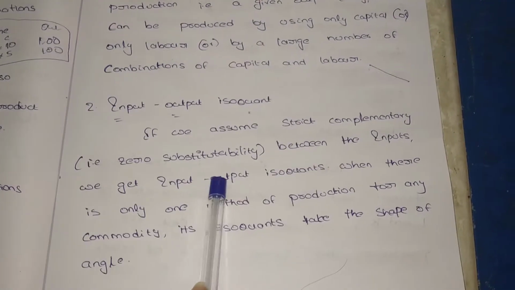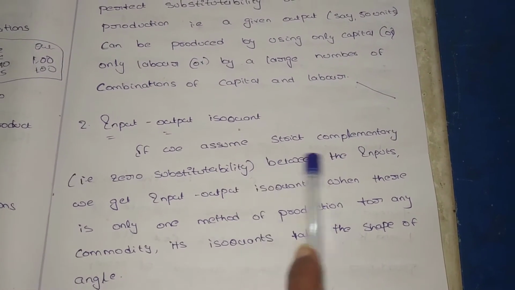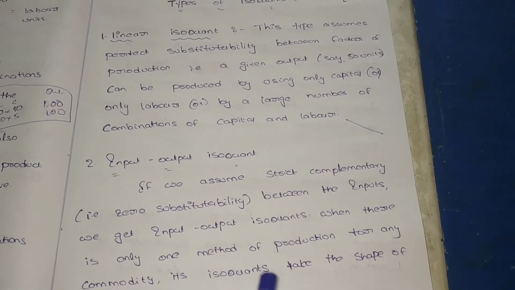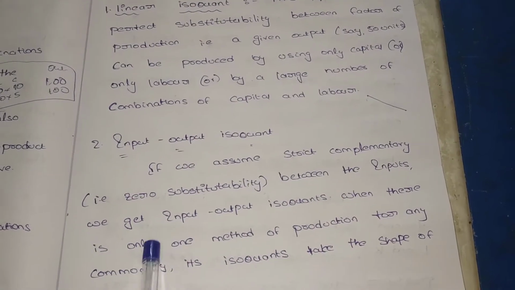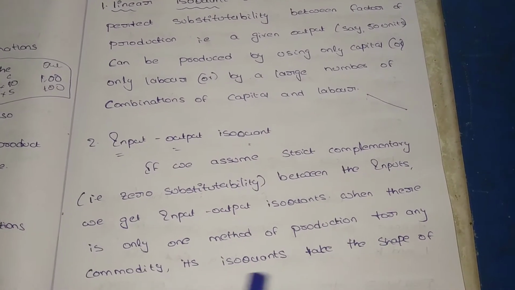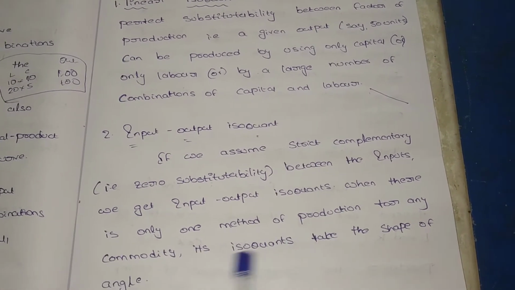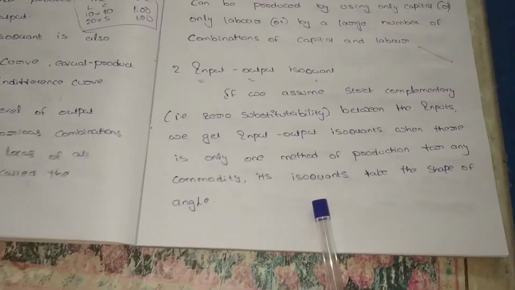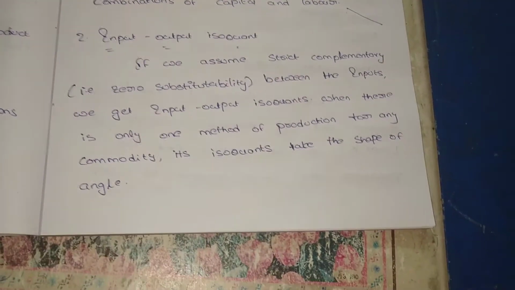Next, the input-output isoquant. If we assume strict complementarity, meaning there are no substitutes, like coffee and sugar, which are complementary goods, between the inputs we get the input-output isoquant. When there is only one method of production for any commodity, its isoquant takes the shape of an angle.